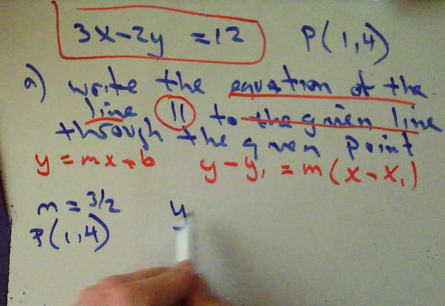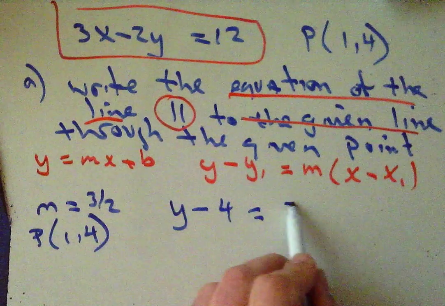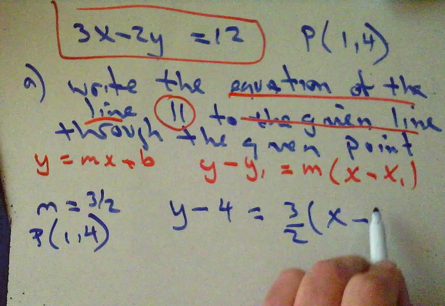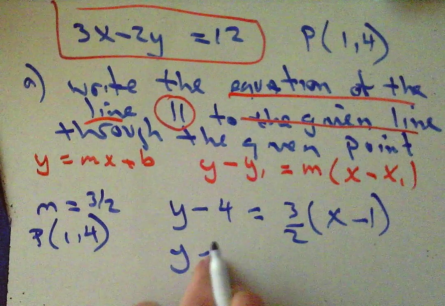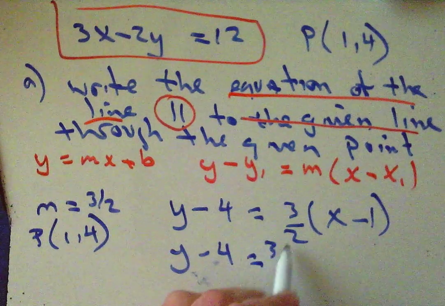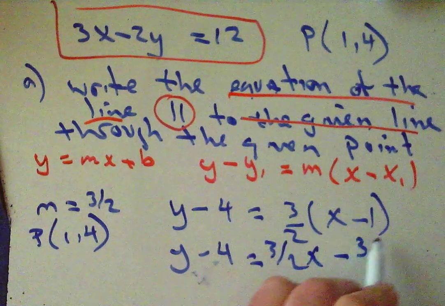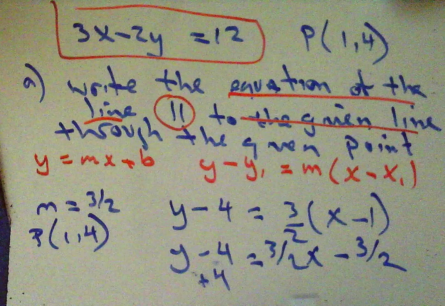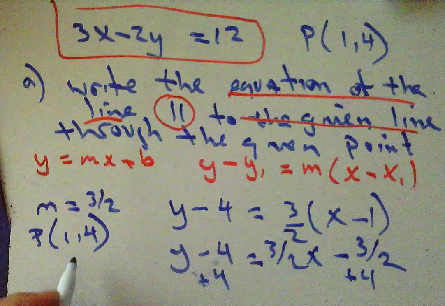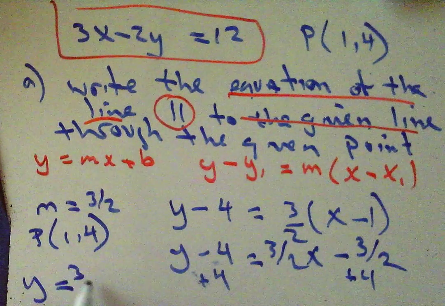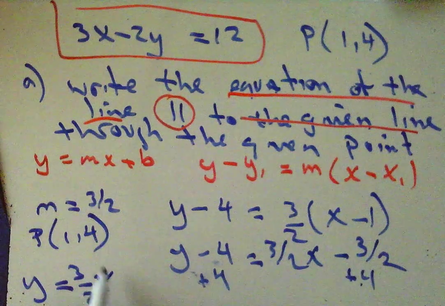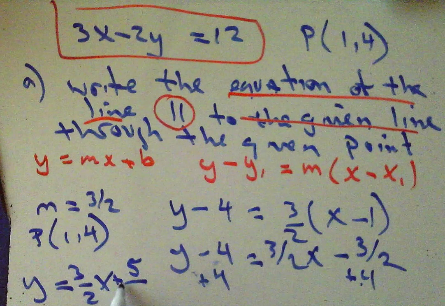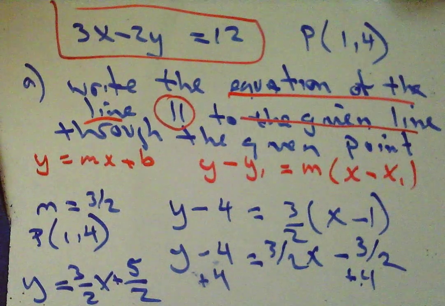Okay, so y minus 4 equals 3 halves times x minus 1. y minus 4 is 3 halves x minus 3 halves. And I'll add 4 to both sides and get y equals 3 halves x. This is 8 halves minus 3 halves is 5 halves. So there's the equation of the line.